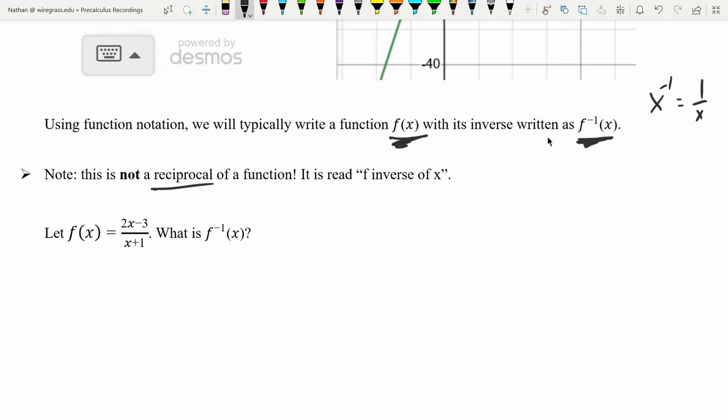So here, f inverse of x means the inverse function. If I hadn't written it like this, that would be the reciprocal, 1 over f of x. So it's important to note how it's written here. It's going to be very easy to be confused if you don't understand how to read the notation.